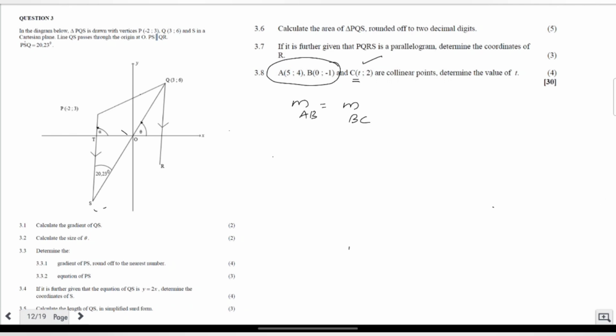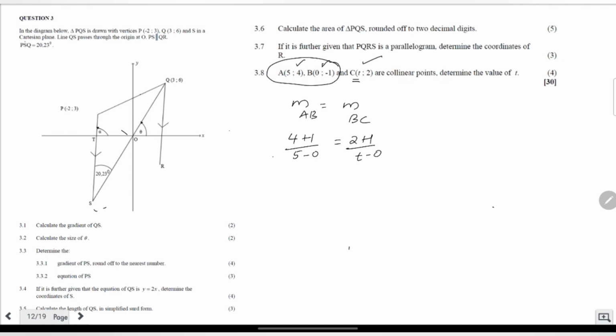Okay, let me start with the gradient. So I'm using y2 minus y1 over x2 minus x1. So it's going to be 4 minus minus 1, which is plus 1, divided by 5 minus 0, is equal to BC, which means 2 minus minus 1, which is plus 1, divided by t minus 0.